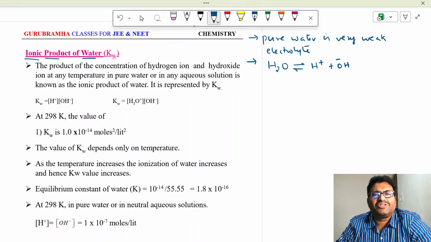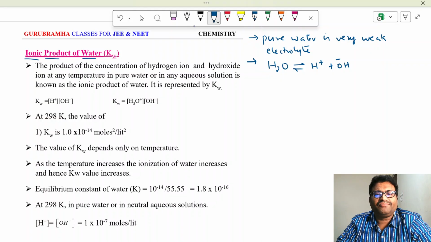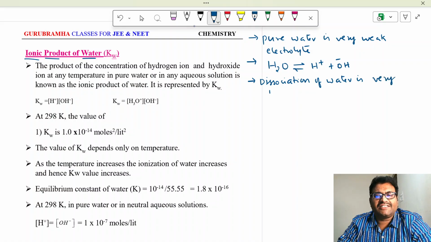So here water dissociation is very much less. That means out of a huge amount of water, a very small amount of water dissociates into H plus and OH minus. So it is a weak electrolyte because its dissociation is very much less.